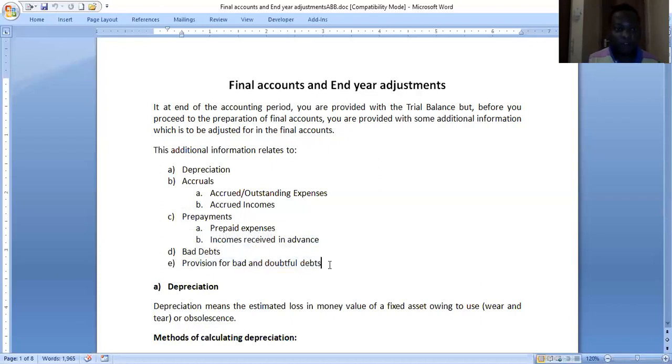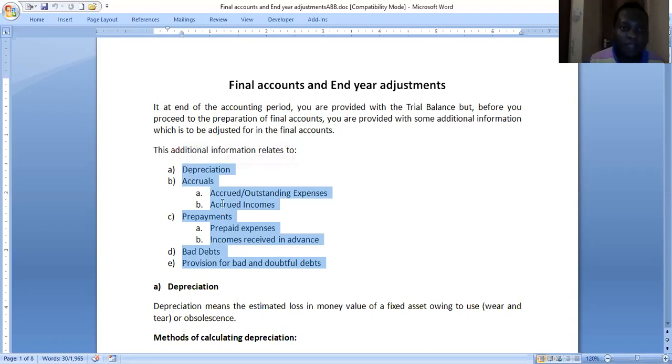So these five items are the most common items in the additional information provided together with a trial balance, in order for you to prepare the final accounts, that is the trading and the profit and loss account and the balance sheet. So this constitutes the adjustments that you have to make when preparing the final accounts.